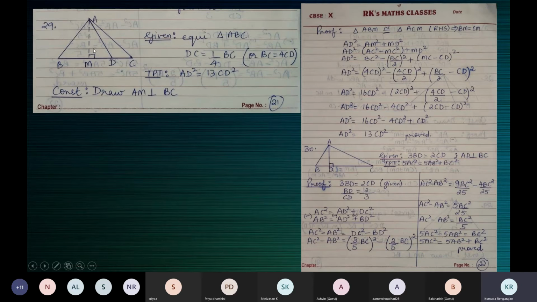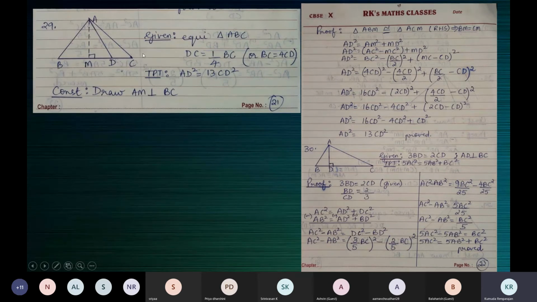Or you can take numerical examples. Supposing you cannot gauge it like that, just give some 10 centimeters for BC. Now you know that DC is 10 by 4, 2.5. When you draw the altitude AM, you very well know that it's an equilateral triangle, so M is the midpoint of BC.